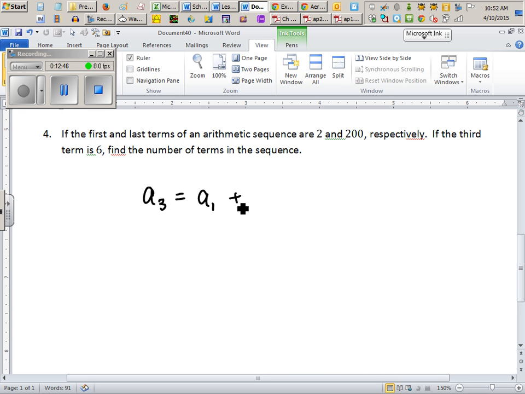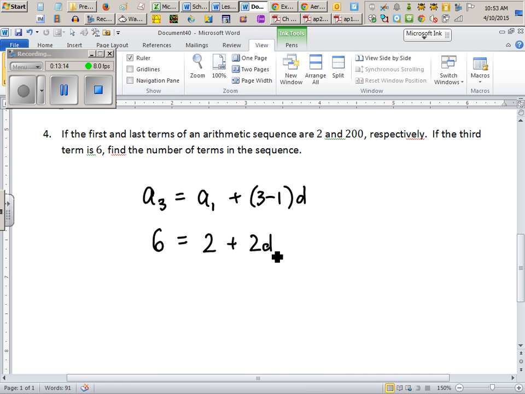So 6 is equal to 2 plus 3 minus 1 d. Okay, so you put n minus 1 d here. Yeah. So you just kind of wrote down the formula. What's n here? You put a sub 3, so what's n? 3, okay, yeah. All right. And you put in the numbers, is that what you're saying? Yeah.